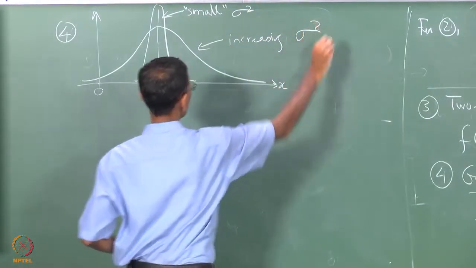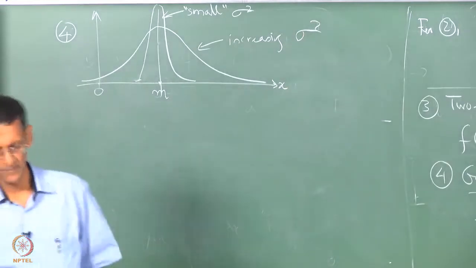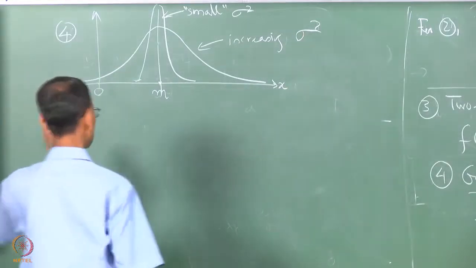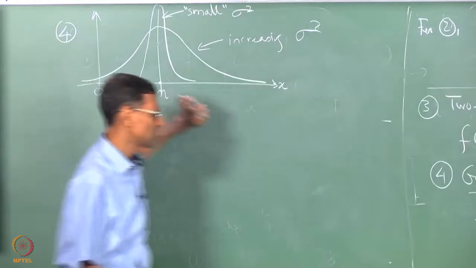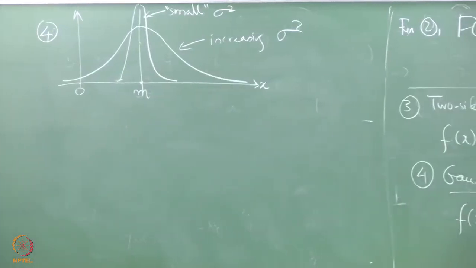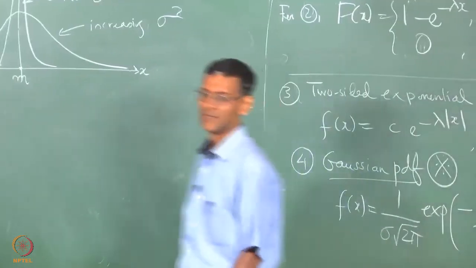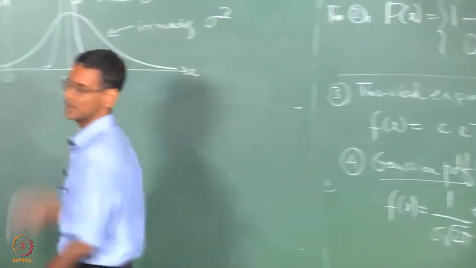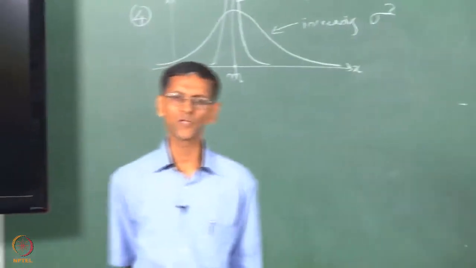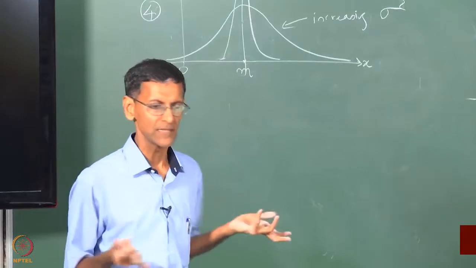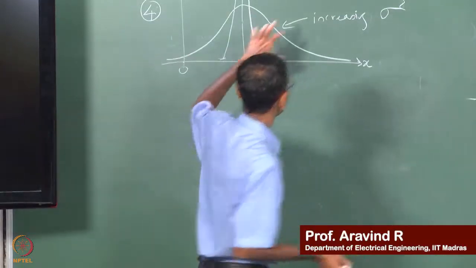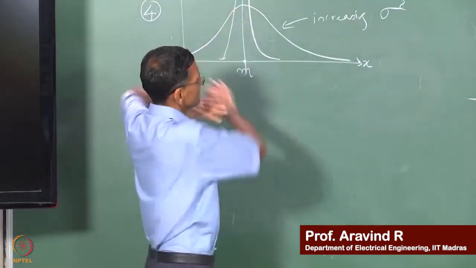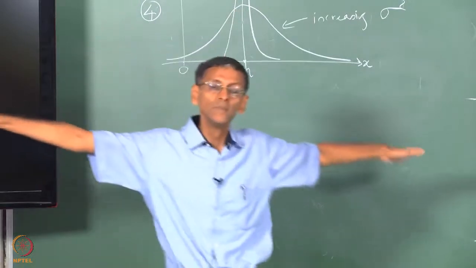Sigma or sigma squared does not matter, it is preferable to look at sigma squared. Since I have written it as m comma sigma squared, I am focusing more on sigma squared than sigma itself, but sigma is obviously the positive square root of sigma squared, so the two are basically inseparable. So as you increase sigma squared, you spread out.